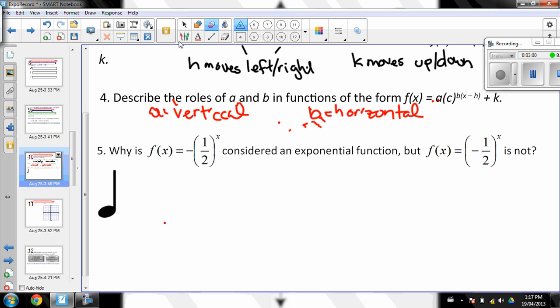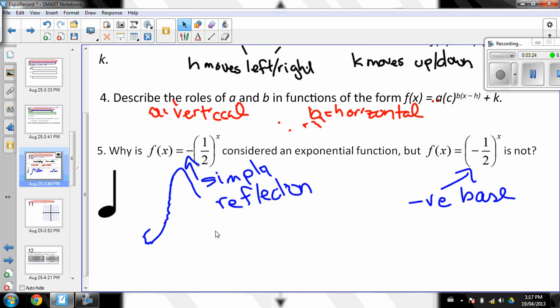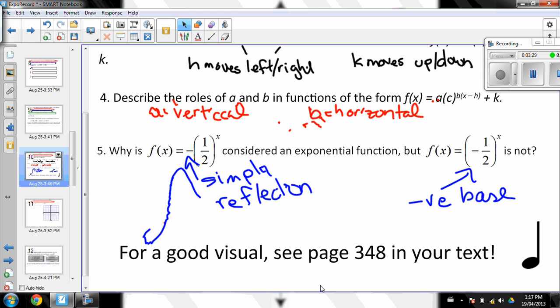So what we see here is simply a reflection, whereas on this one, we see a negative base, which does not give us an exponential function. So for a note, you can go to page 348 in your text, and this gives you a visual of what each thing is going to do.